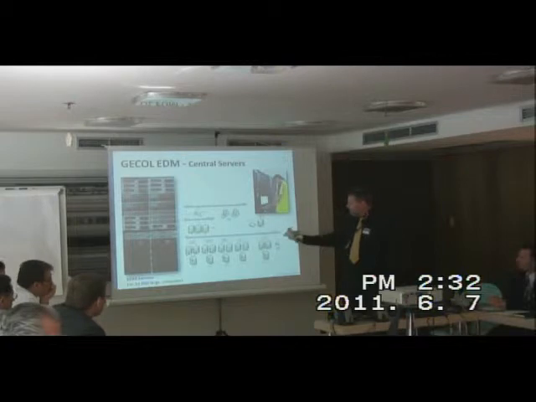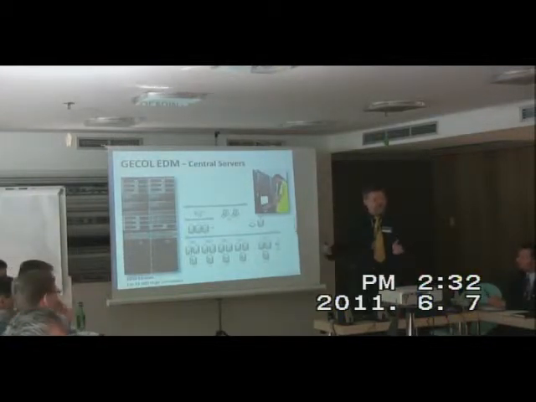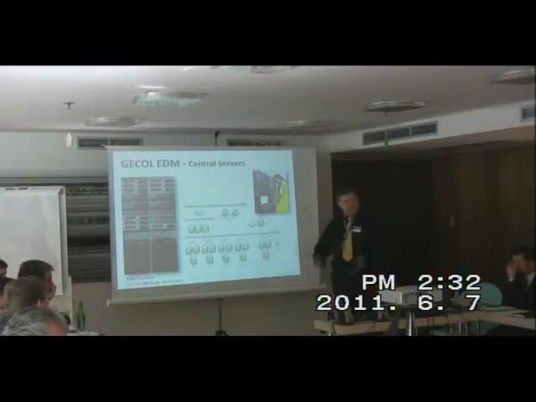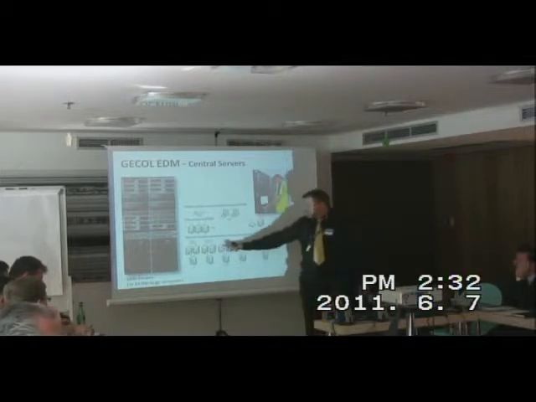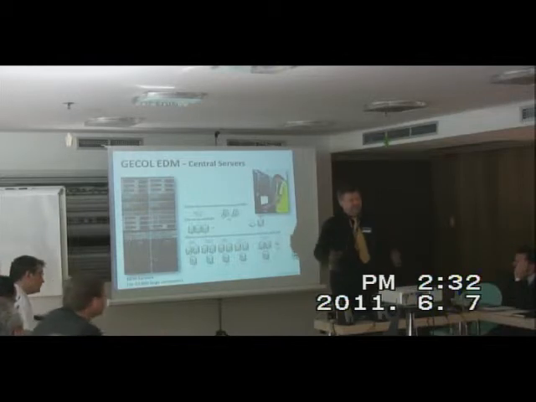But that flexible system can be extended. If you have not just 20 operators, but 200, we can install additional servers for supporting that publishing functionality. If you have more meters, we can install additional servers to improve the reading capacity of the system.